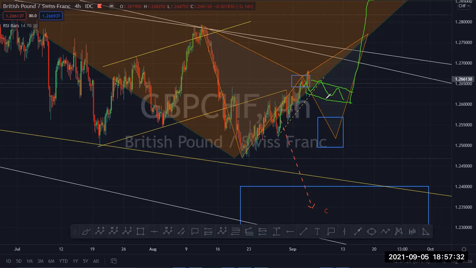But looking at this chart, I will be glad if this pattern plays out because it will give me a better opportunity to make more profit buying it. Okay, so that's the only thing I have for these two options.